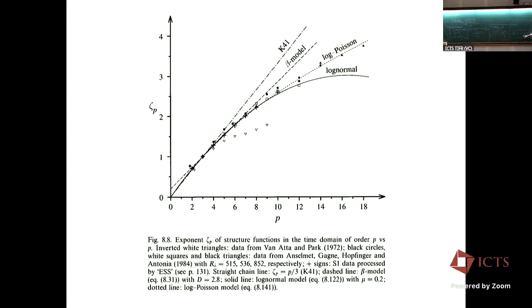The good thing about this expression for self-consistency is that when I take D equal to 3, which is the Kolmogorov picture where everything is nice and smooth and regular, and all these generations are alive and kicking, then this factor disappears, and you just get the good old p/3 scaling. The other advantage that we had was that for p equal to 3, you again end up exactly with zeta_3 equal to 1. So there is self-consistency in what we did.